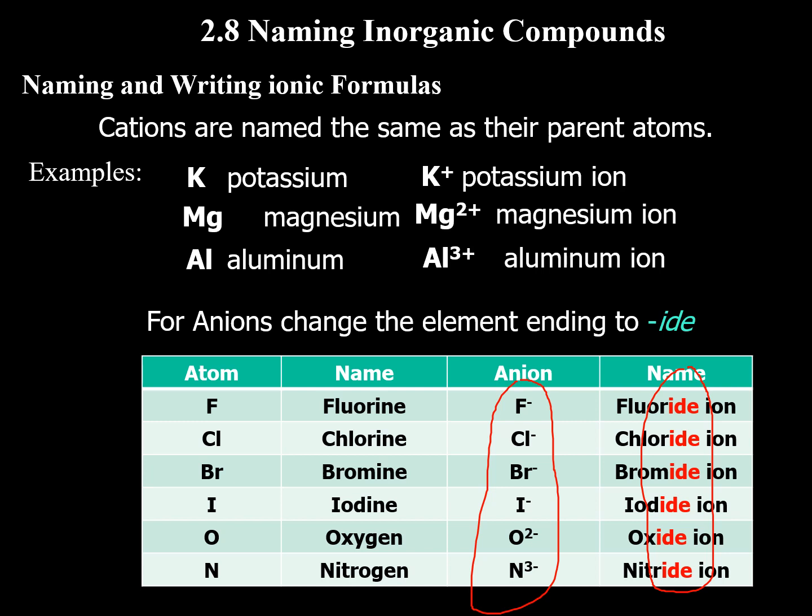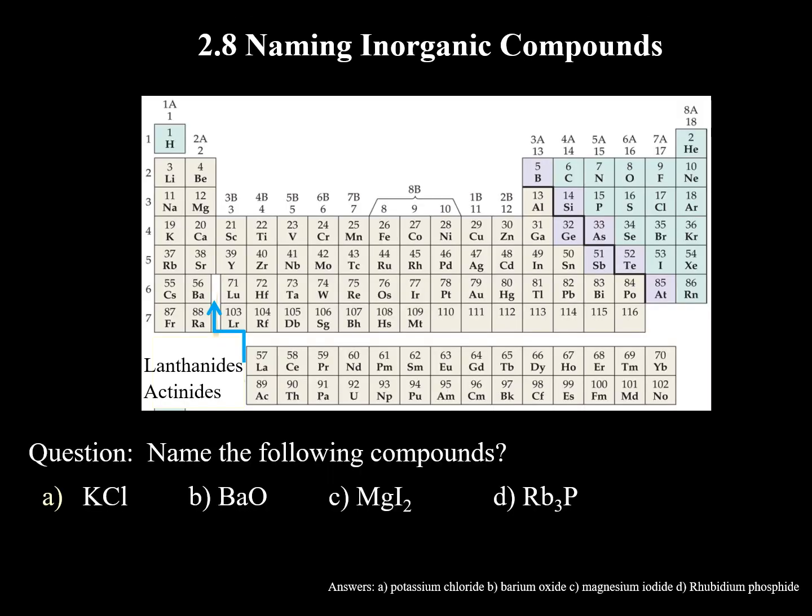Sodium chloride, magnesium fluoride, potassium nitride, making up compounds as I go, but you get the idea. So in this case, we're going to ask you to name the following compounds.